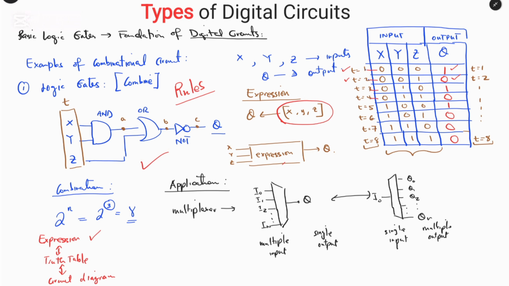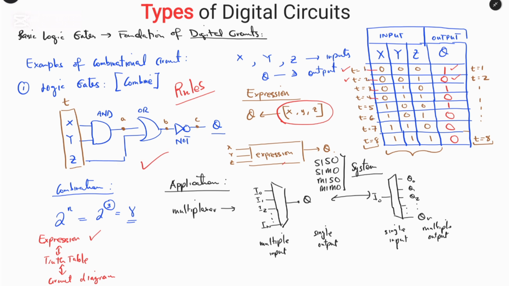So from a system known as a combinational circuit, we can have multiple input and single output, or single input and multiple output. In our later video, we will look at the system having single input and single output, and then single input, multiple output, multiple input, single output, or multiple input, multiple output. So those can be our system.